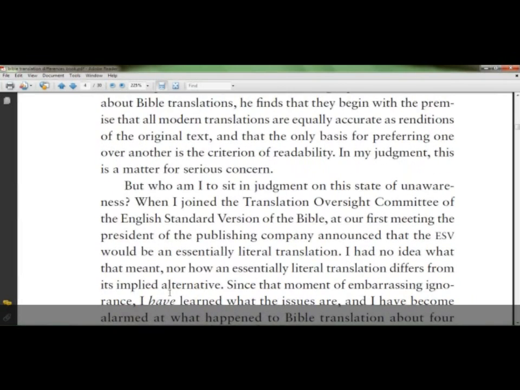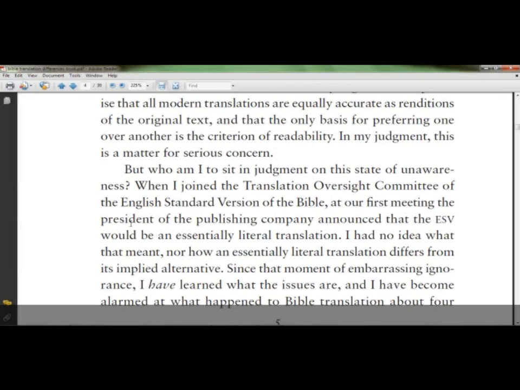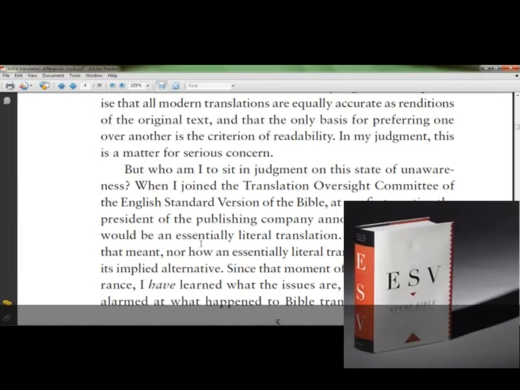But who am I to sit in judgment on this state of unawareness? When I joined the Translation Oversight Committee of the English Standard Version of the Bible, at our first meeting, the president of the publishing company announced that the ESV, which stands for the English Standard Version, would be an essentially literal translation.